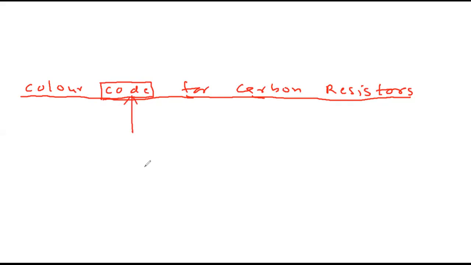Password. Password, so code means signal, you can say. Like if someone says 1 means remember, 2 means study. Yes, sir, some kind of instruction, or some kind of notation, in terms of some symbol.